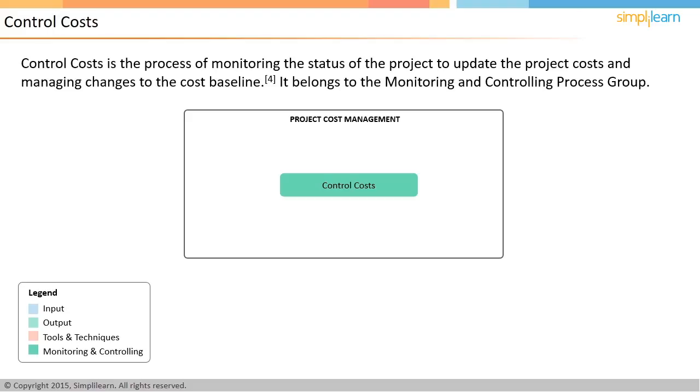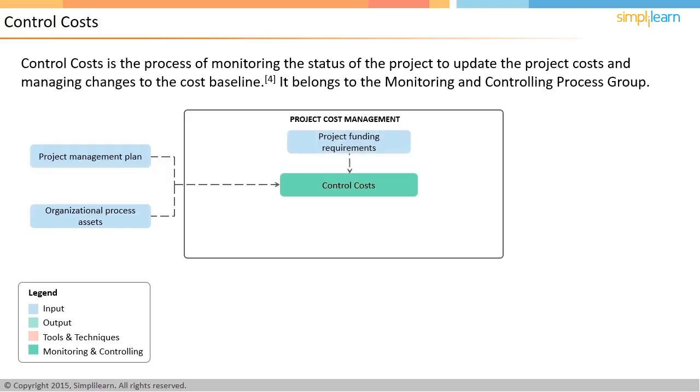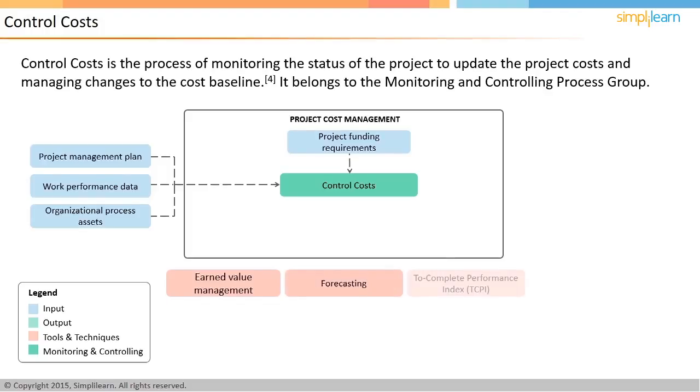The inputs to the process are project management plan, organizational process assets, project funding requirements, and work performance data. Work performance data contains the information about the project progress. The important tools and techniques used in controlling costs are earned value management analysis, forecasting, and to complete performance index.